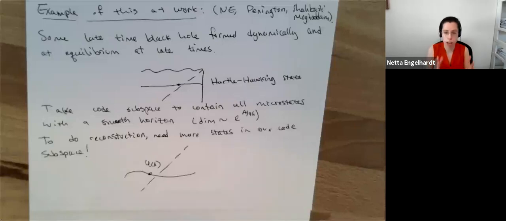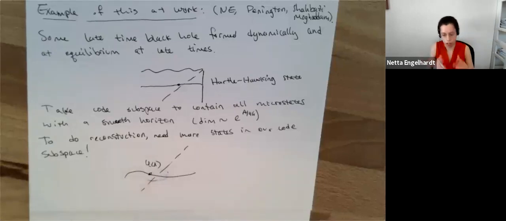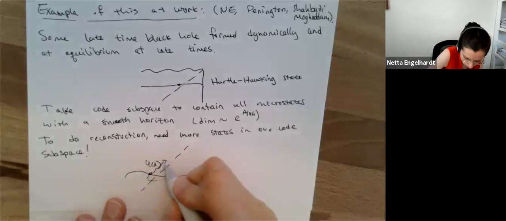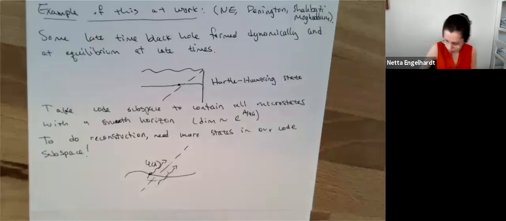And now we have a code subspace which contains non-trivial states of the quantum fields, in particular of the right-moving modes that are straddling the event horizon. And so we say, okay, we want to do bulk reconstruction, and we want to do state independent bulk reconstruction. That tells us we're going to look for the maximally mixed state of these modes.